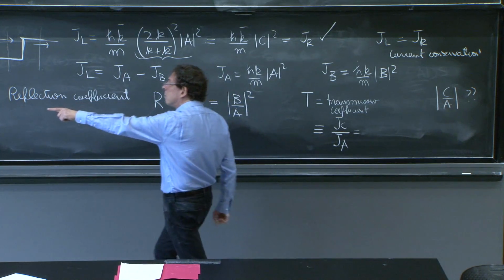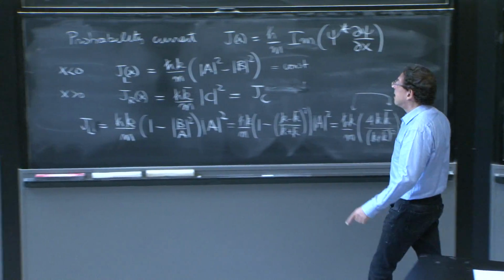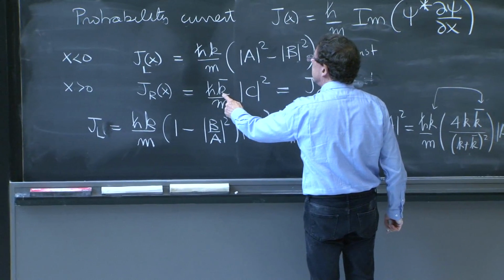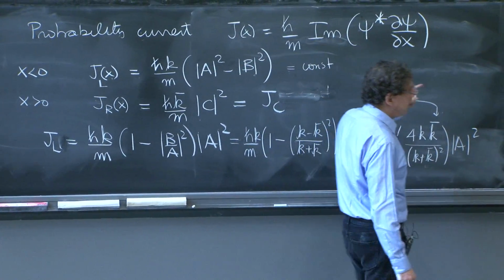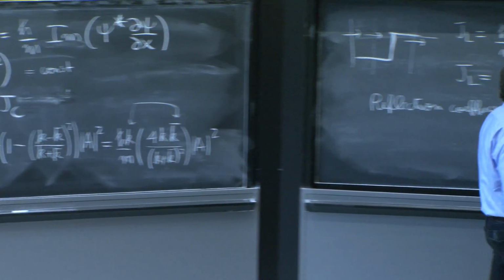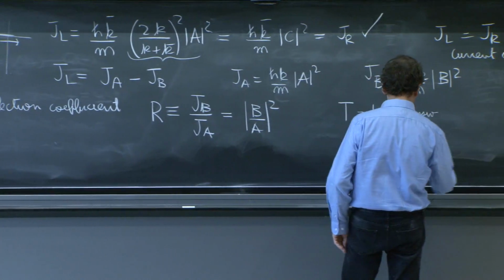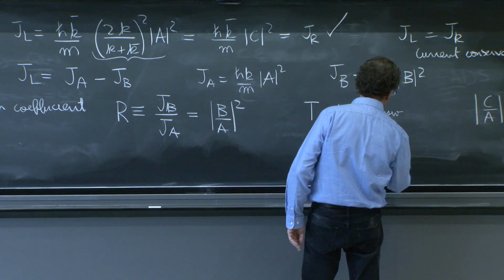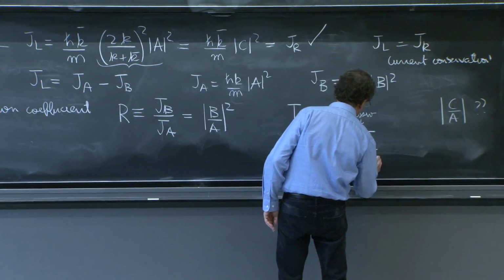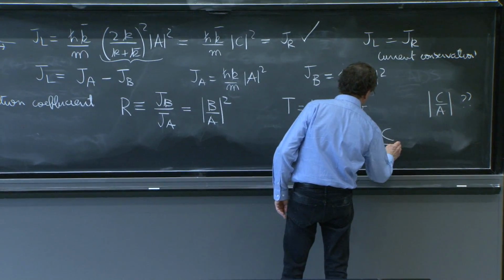JC has an h bar k bar, and JA has a k. So this is not equal to this ratio, but it's actually k bar over k times C over A squared.